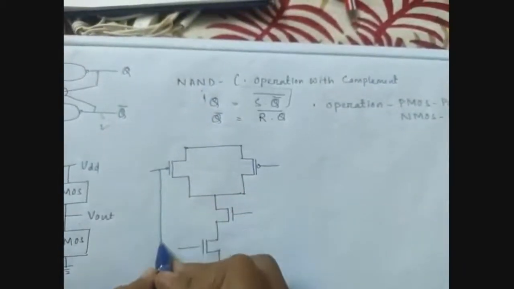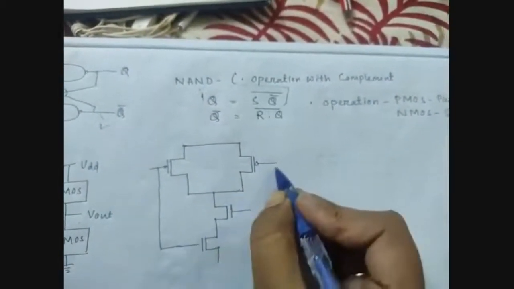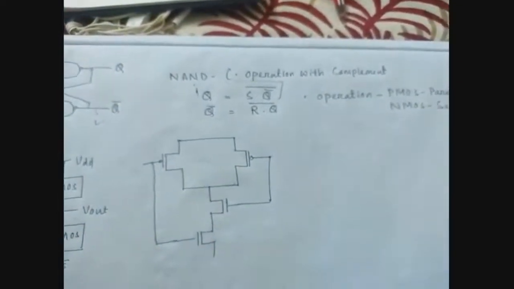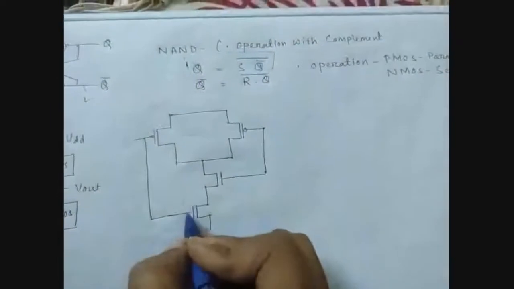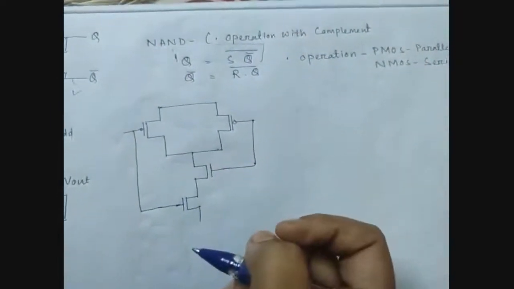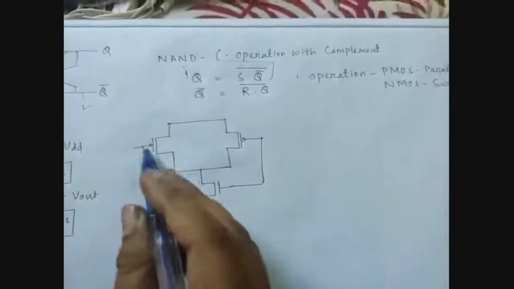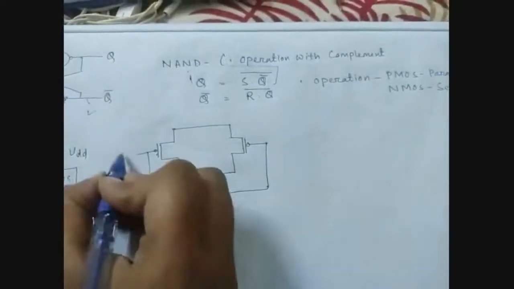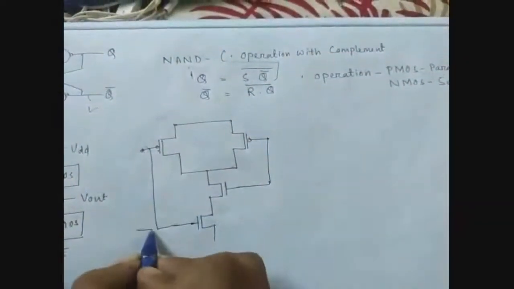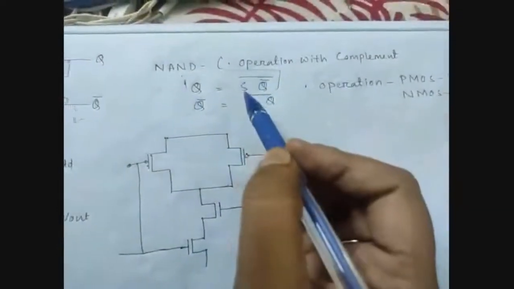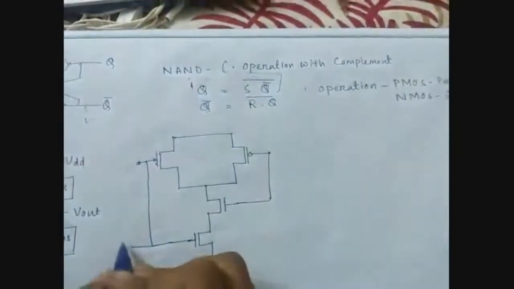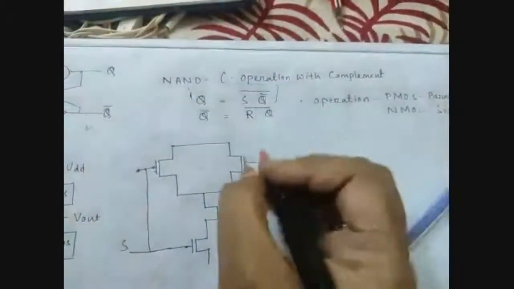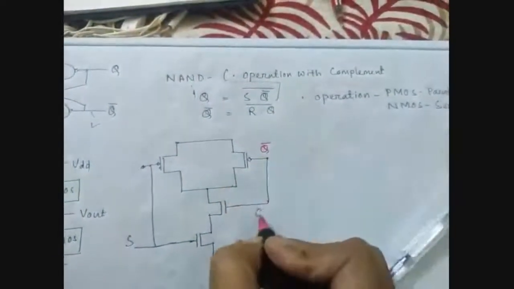Then we connect them as in the CMOS structure, one NMOS and one PMOS connected, and one input given to them. As per the equation, one input is S and the other input is Q bar.